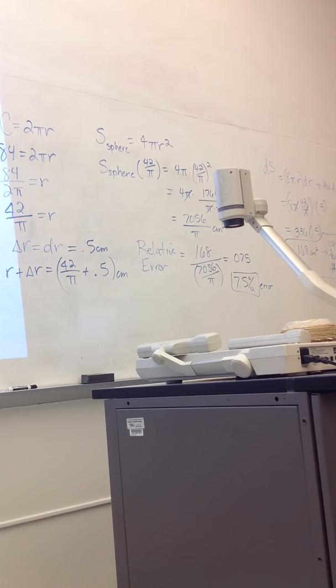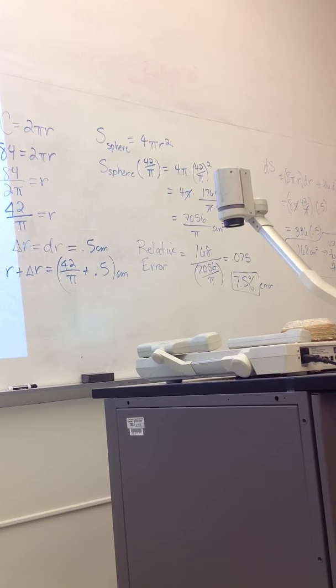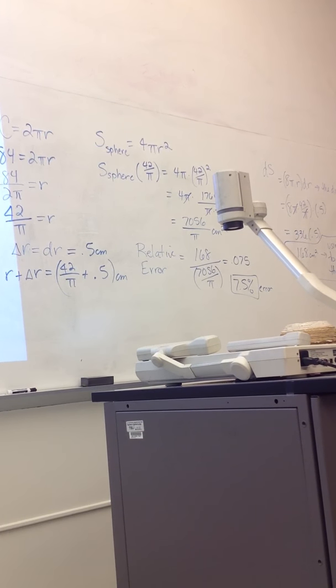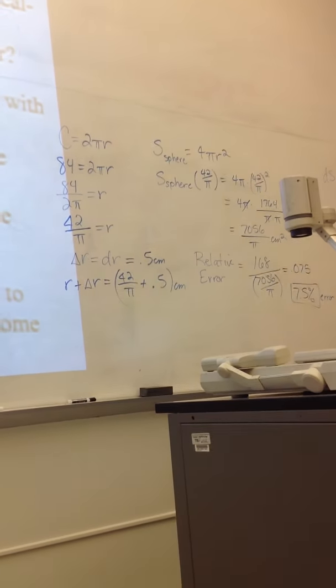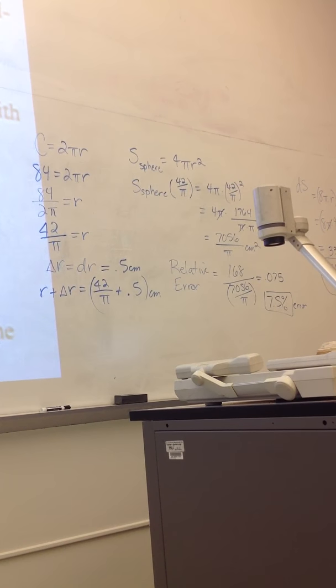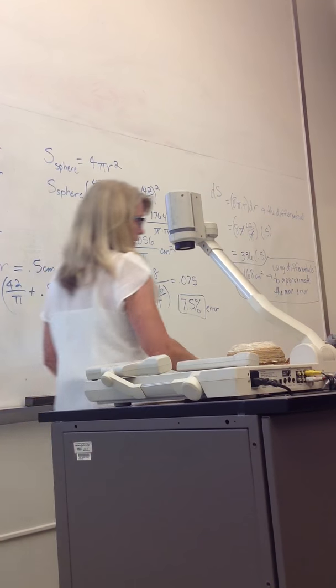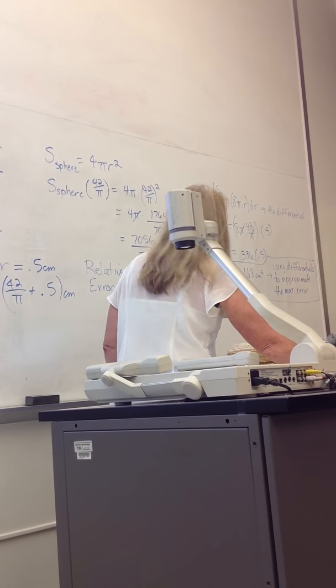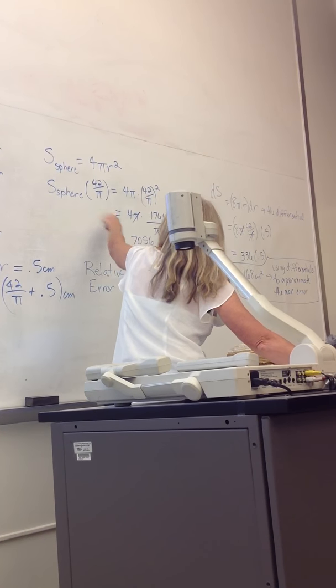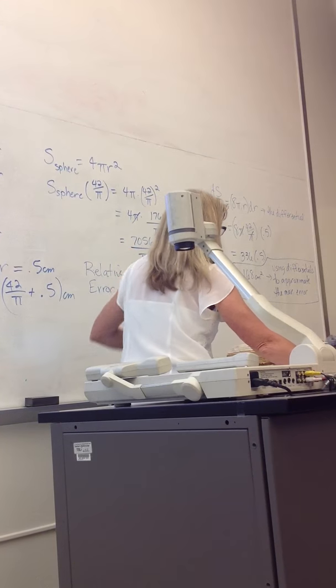It may be helpful at this point to compare that with what you get if you actually found the surface area at 42 over pi and then found the surface area at 42 over pi plus 0.5 and see how close our differential came. So we could do that. We already know that's my surface area at 42 over pi.